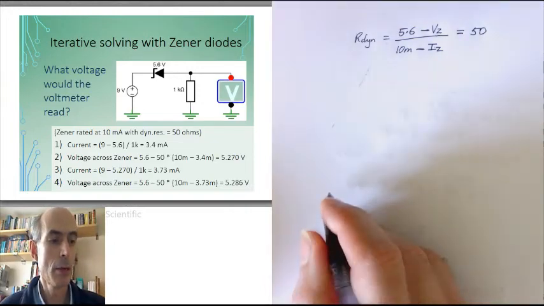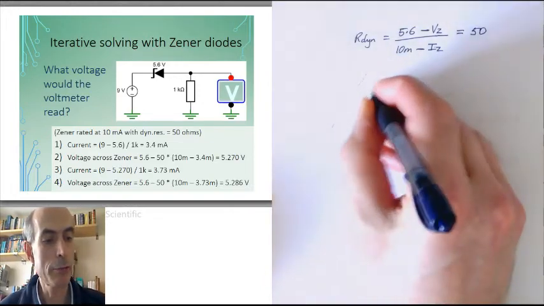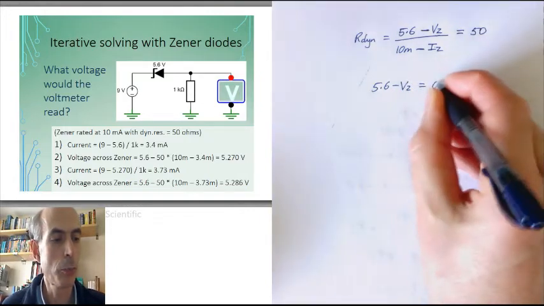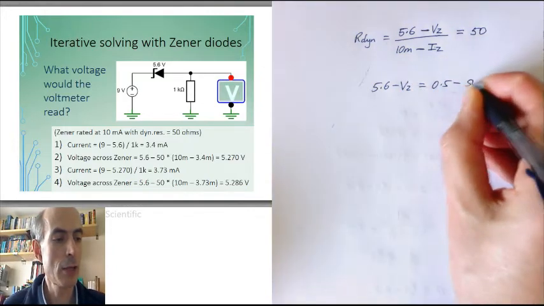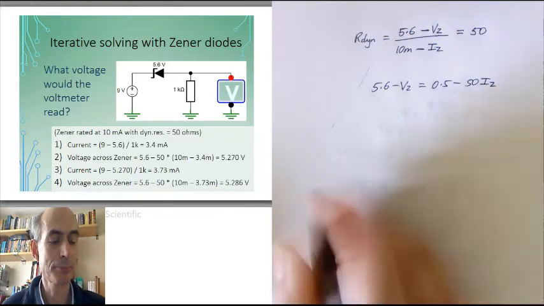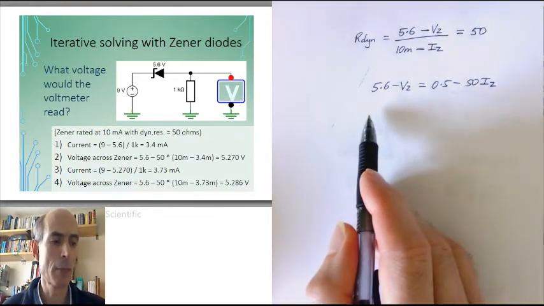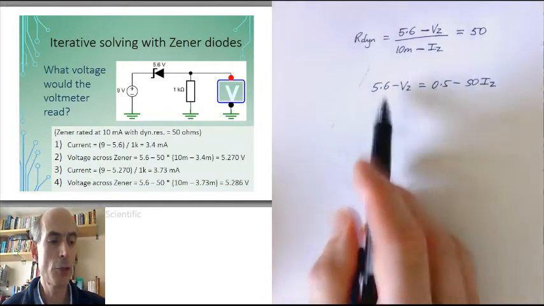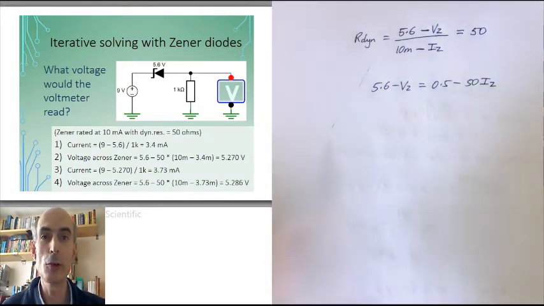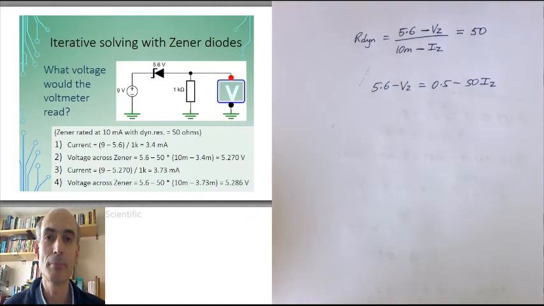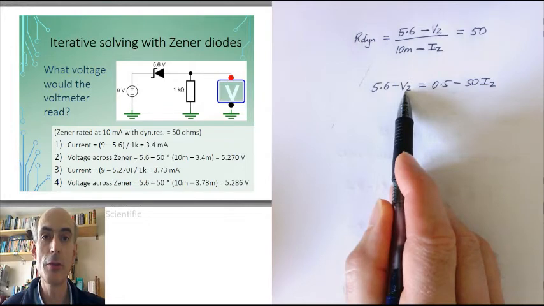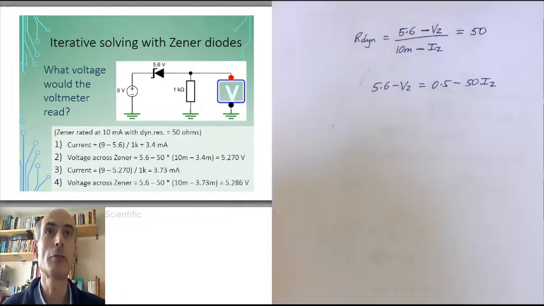Right. Multiply up by there, and we have 5.6 minus Vz equals 0.5 minus 50 times Iz. And that is a linear equation. There's no logarithms or squared terms in that, so we can use this quite readily in nodal analysis. All we need is one more equation which relates Iz to Vz, and we can get that from applying Ohm's law to this resistor.